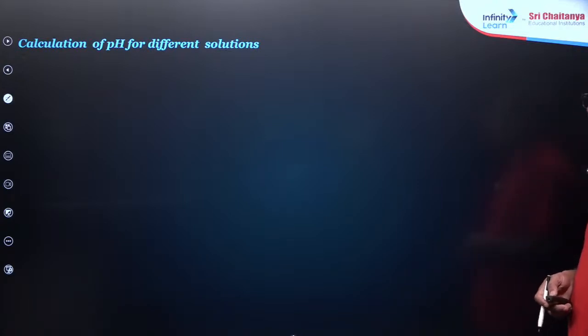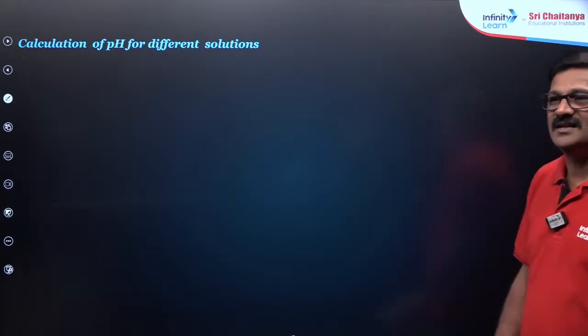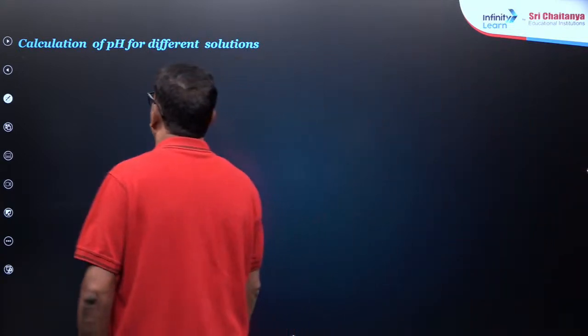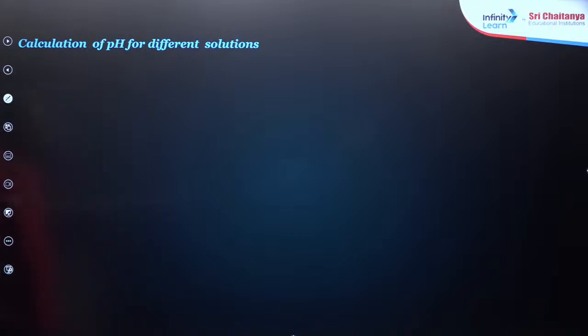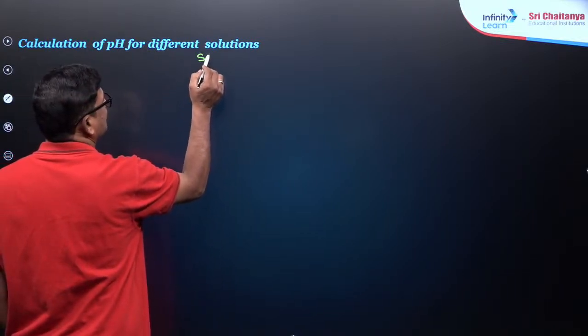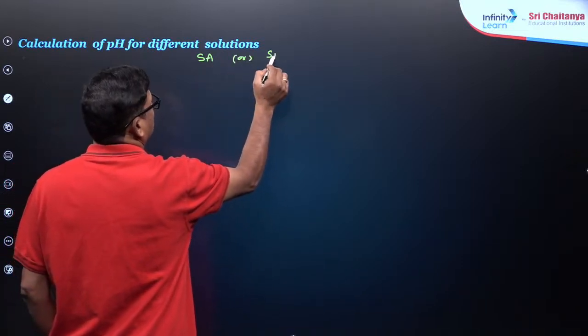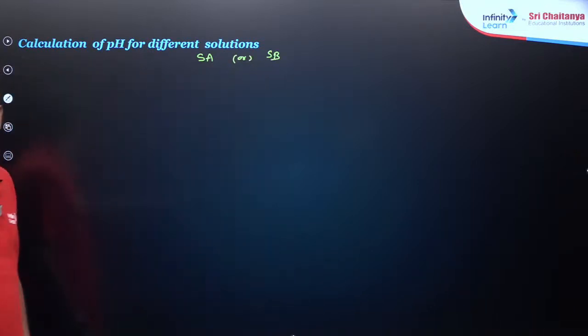Calculation of pH for different solutions. You have a strong acid or strong base. Now let's see here. So how to determine?